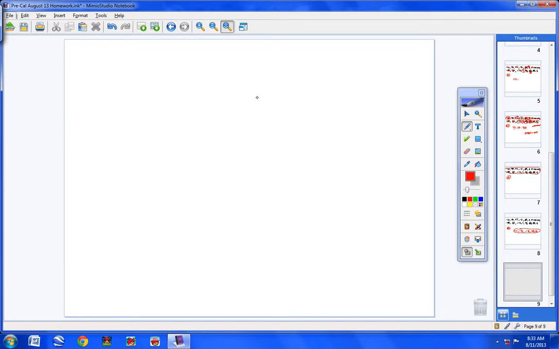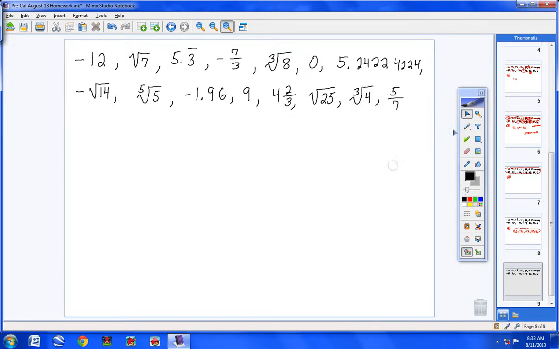Okay, let's continue on and take a look at number 8. All right, number 8 says which ones are integers but not whole numbers. All right, now let's circle all of our integers real quick if we could. Hopefully I'm not missing any. I think this is it. Integers.